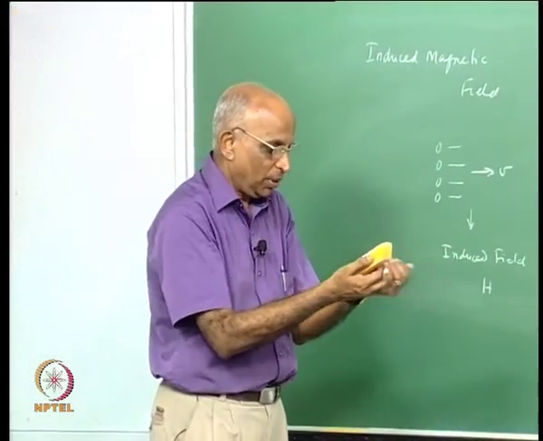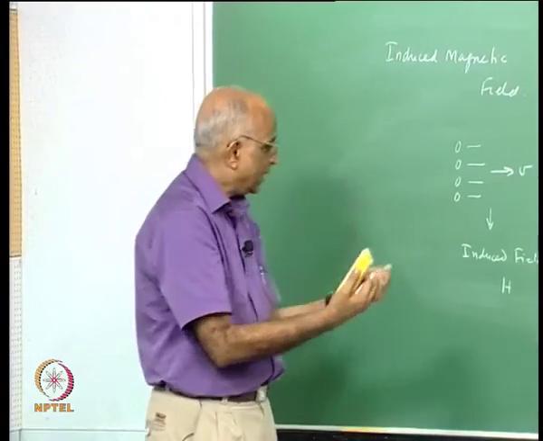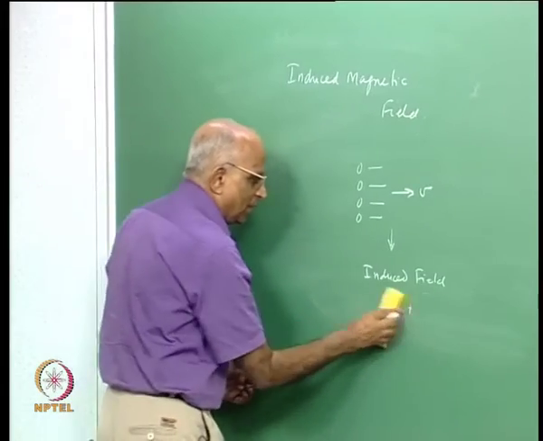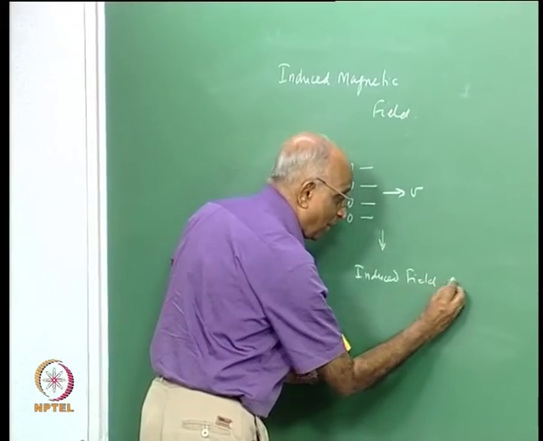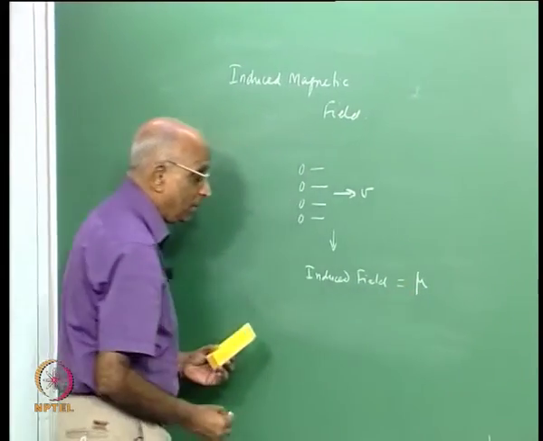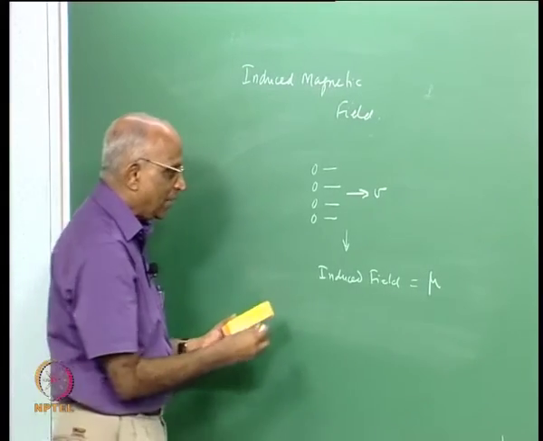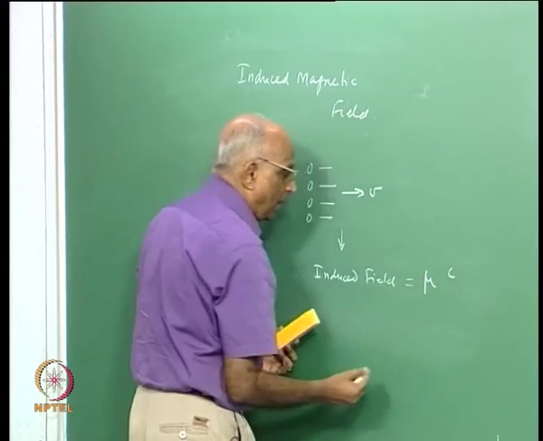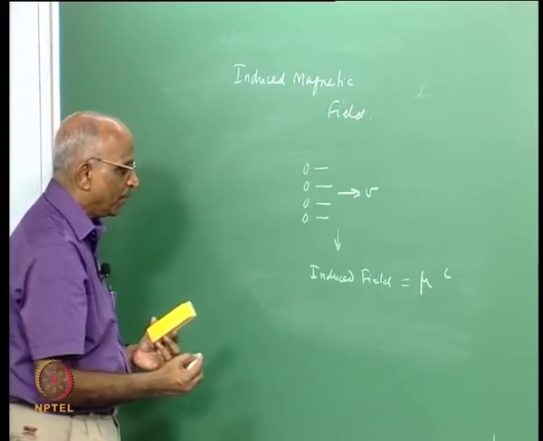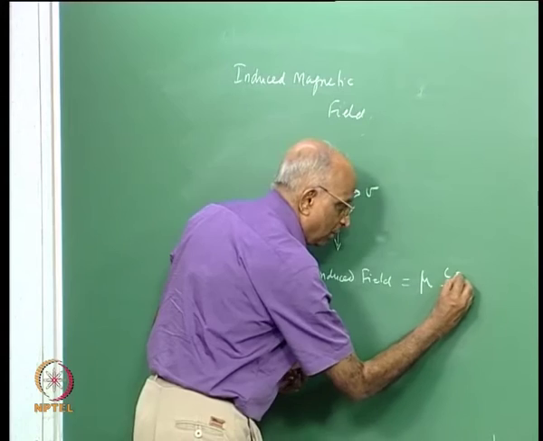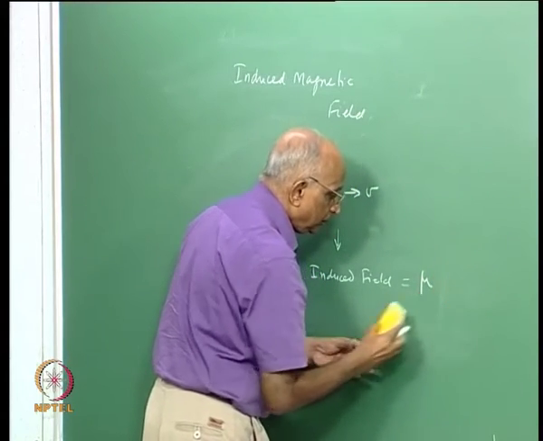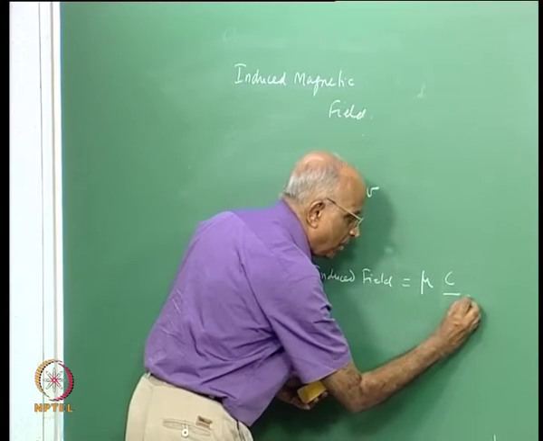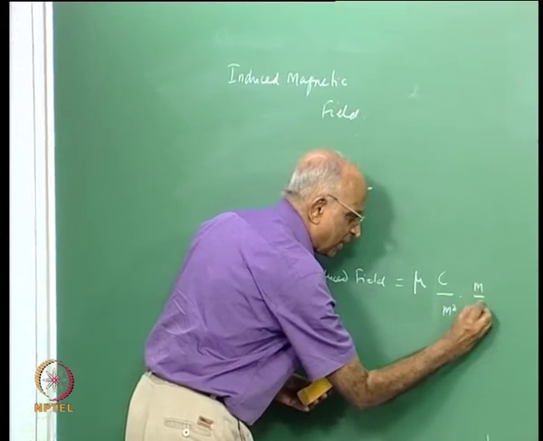It is also possible that the motion of charges can produce a field which we say is an induced field, and an induced field is defined as permeability times the motion of electrons, which is equal to, let us say, charge in Coulomb per unit area, meter square, moving with a velocity, meter per second.